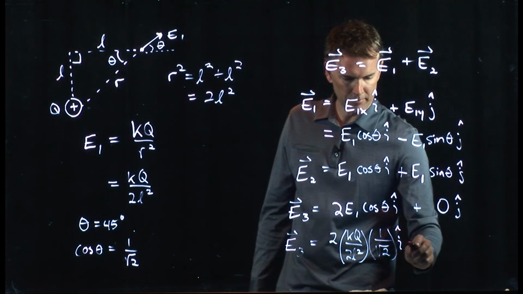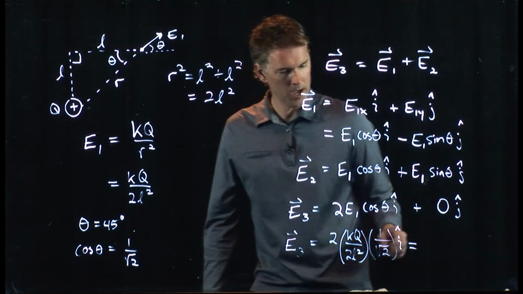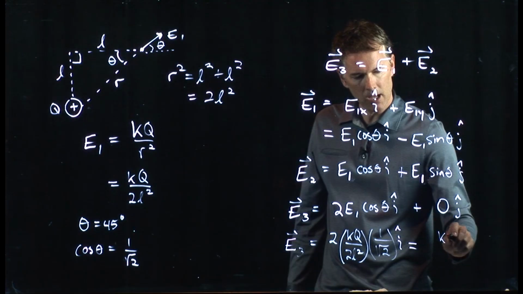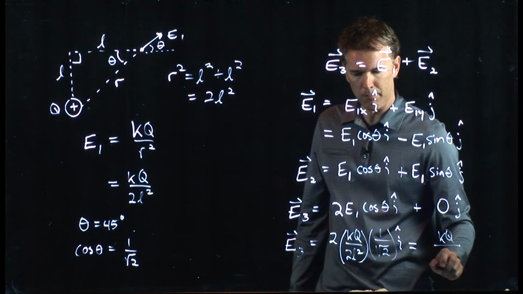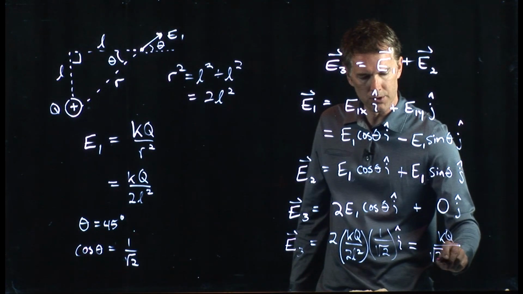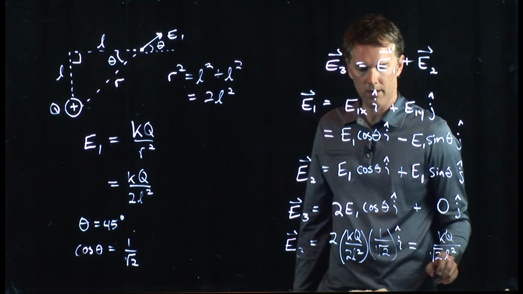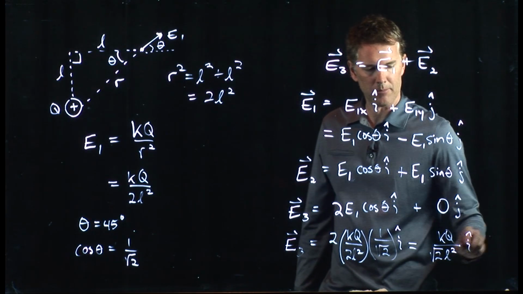Okay, and you can simplify that because the 2 goes away, and we get KQ divided by root 2 L squared, all of that times I hat.